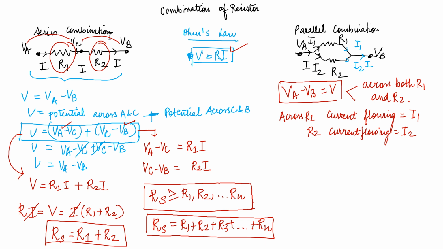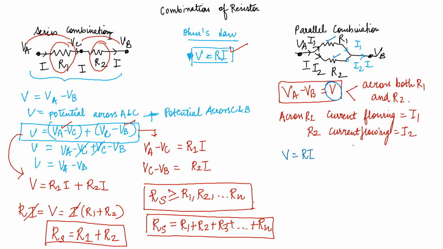We have the same potential across both, so the common formula is V equals Ri.